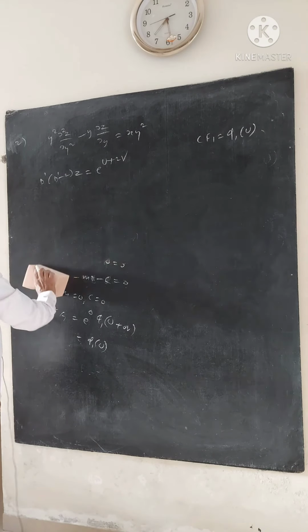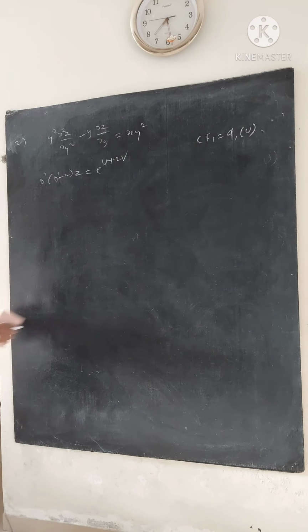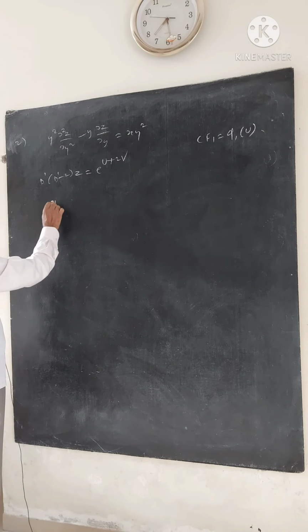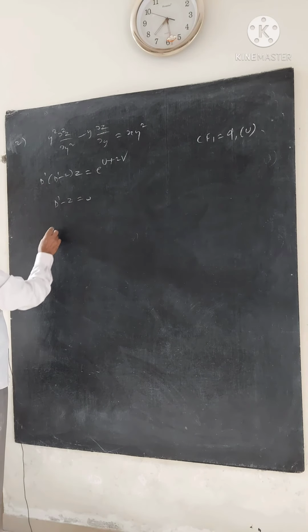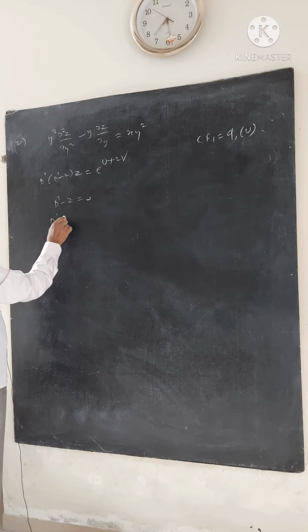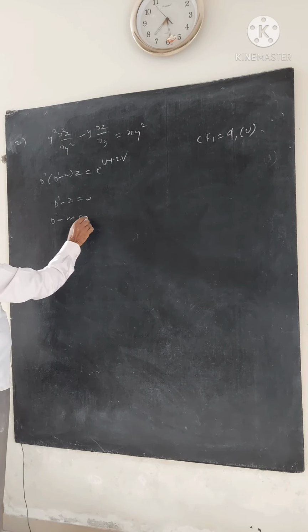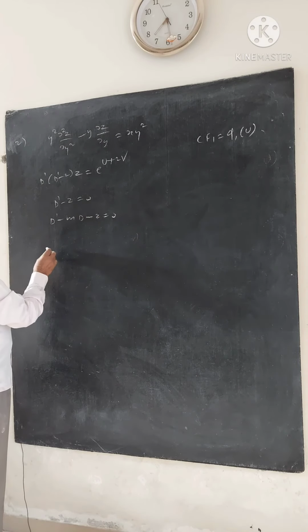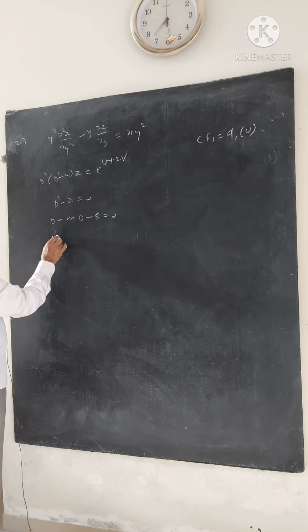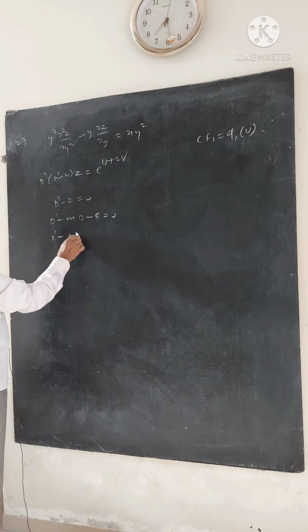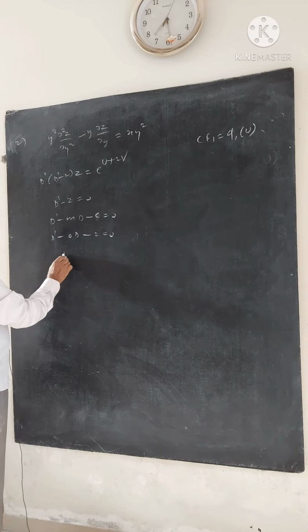Again, taking the second factor, d dash minus 2 equal to 0. D dash minus md minus c equal to 0, so d dash minus 0d minus 2 equal to 0.